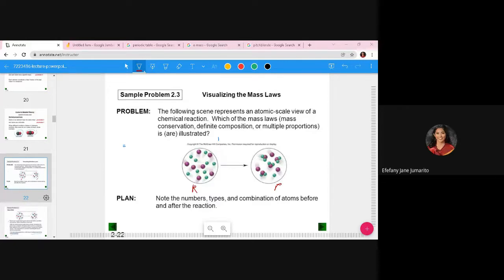Okay, my question is about definite composition. How is the law of definite composition being applied?